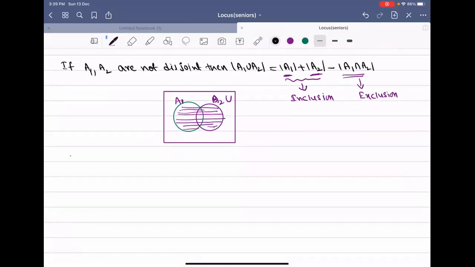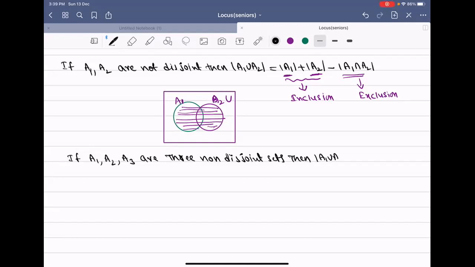Next, if A1, A2, A3 are three non-disjoint sets, then what do you get?